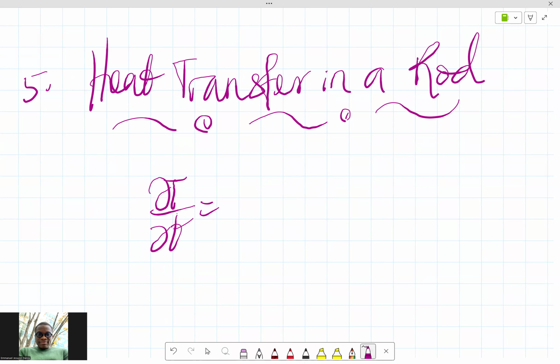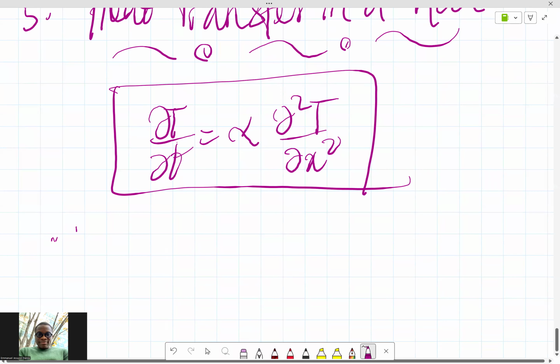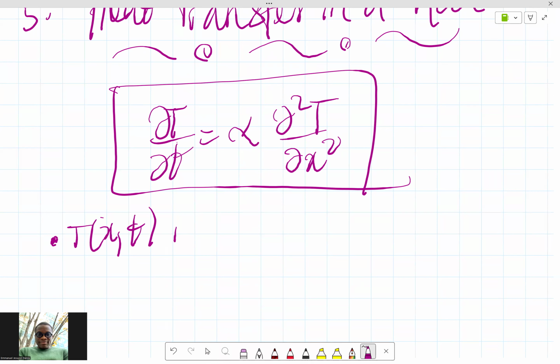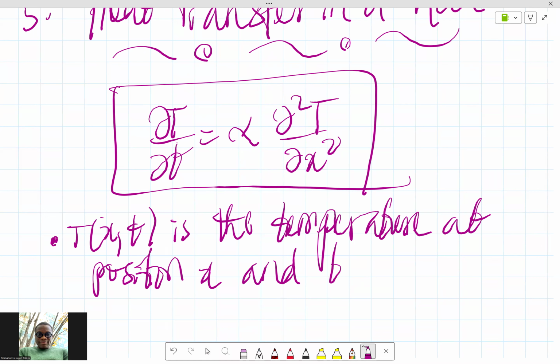Partial T equals alpha partial squared T partial x squared. So here we say that T is a function of x and t. So this is the temperature at position x and time t. So space and time are involved here.